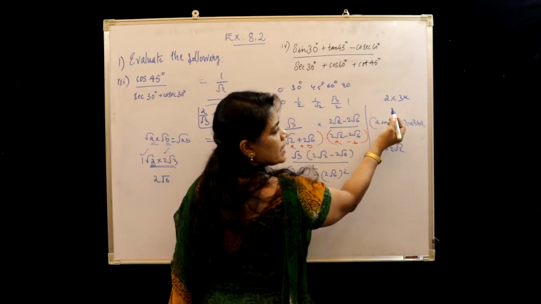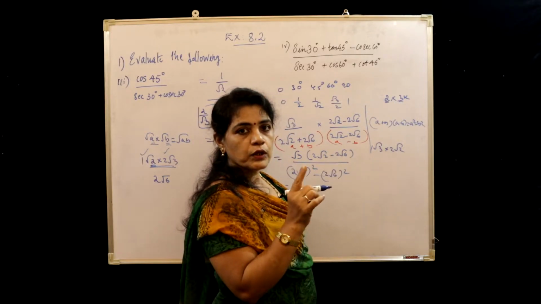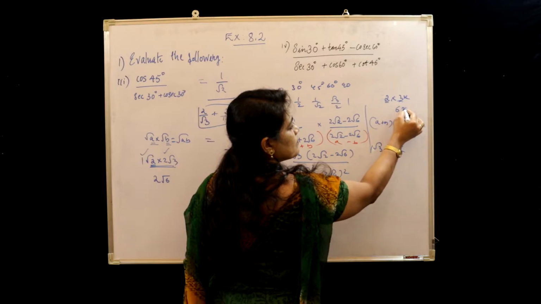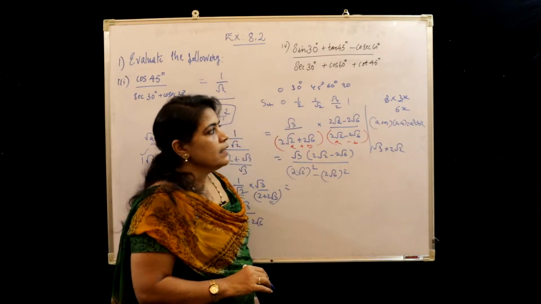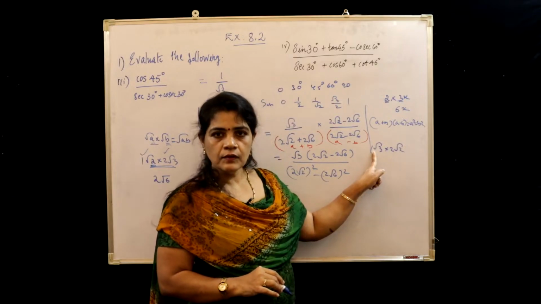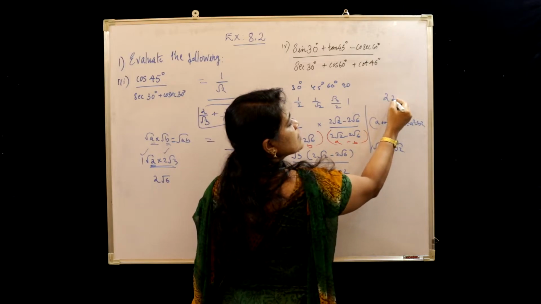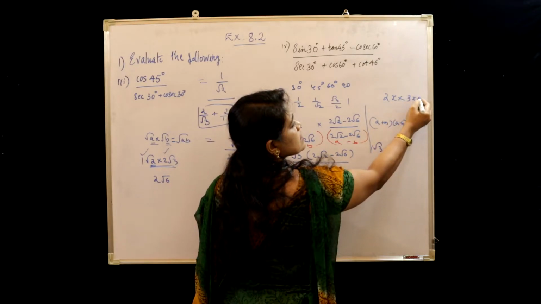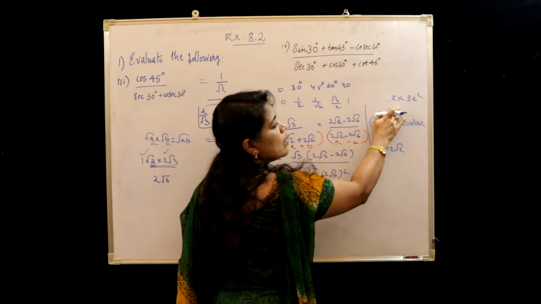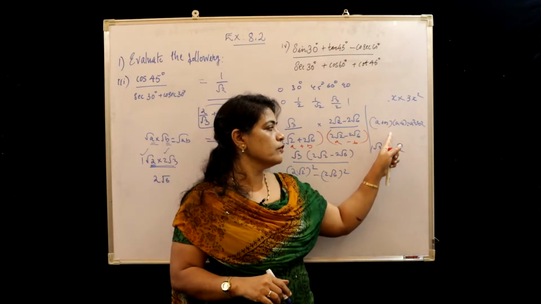We multiply the coefficient of x, that is 2 into 3, that is 6x. The same way we are multiplying here.